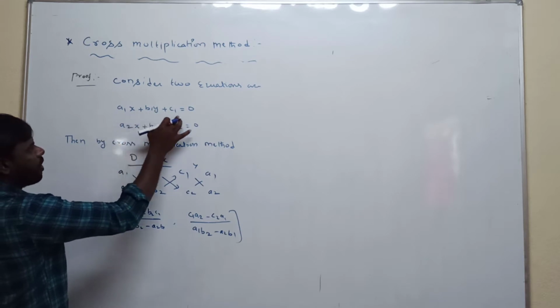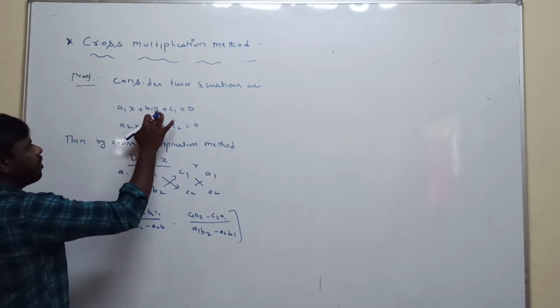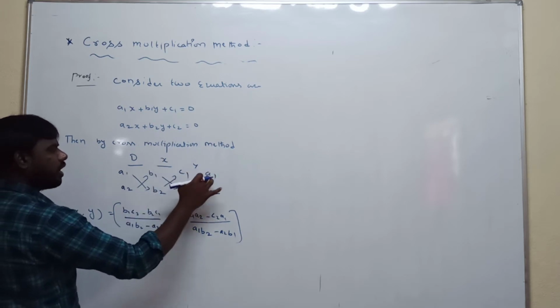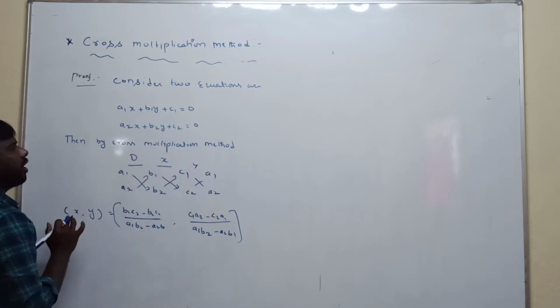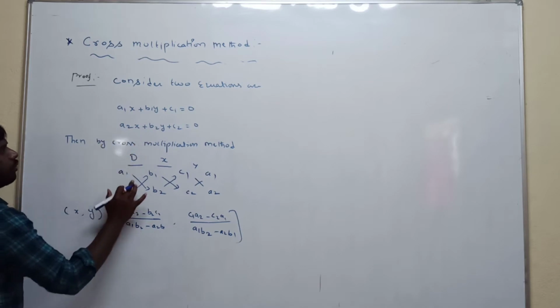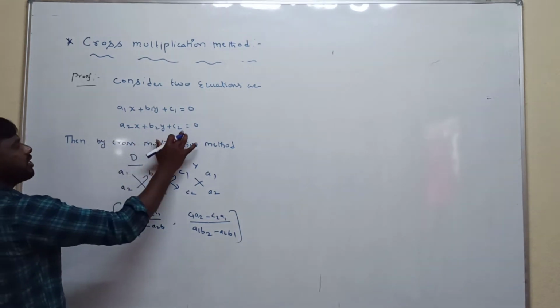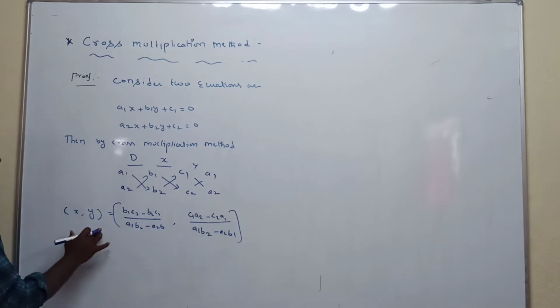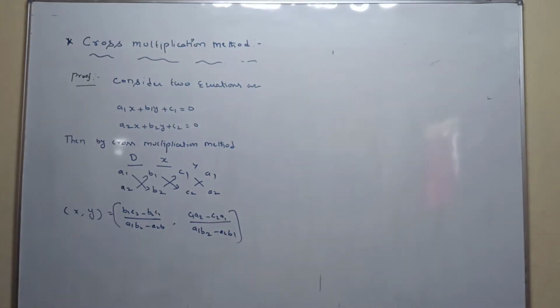X coefficient value is a1, y coefficient value is b1, constant coefficient value is c1. Next, the x coefficient again. The second equation is also the same: x coefficient value is a2, y coefficient is b2, constant coefficient c2, and the x coefficient again. Now we want the x and y values.